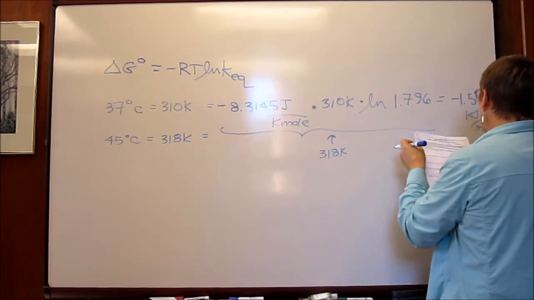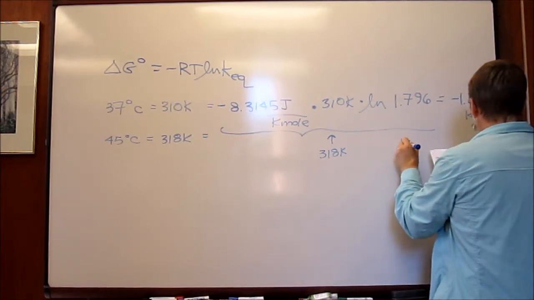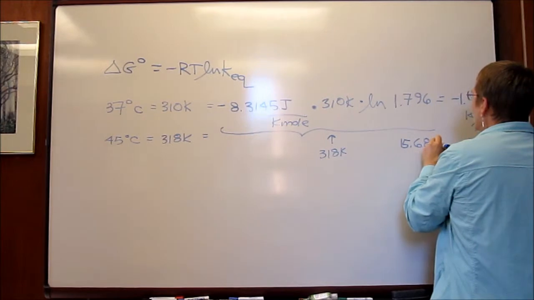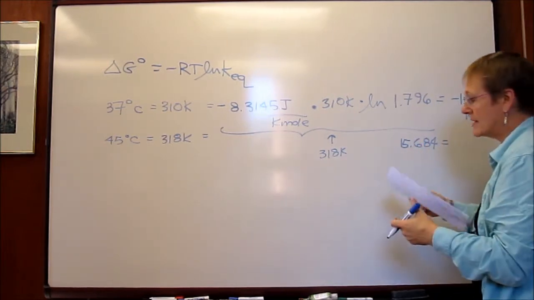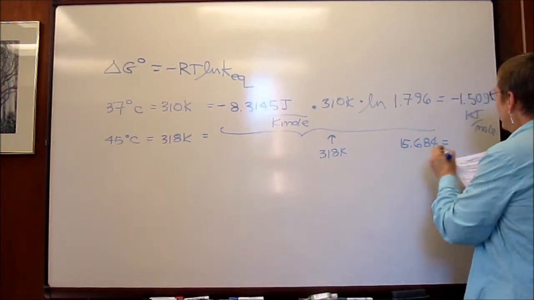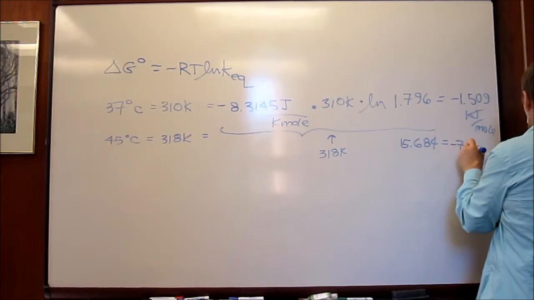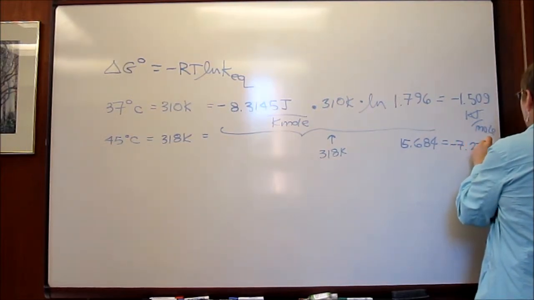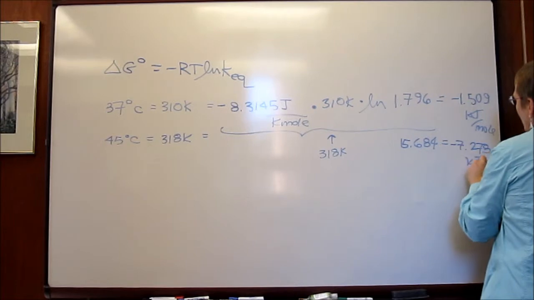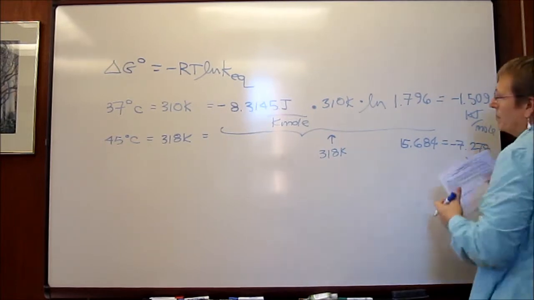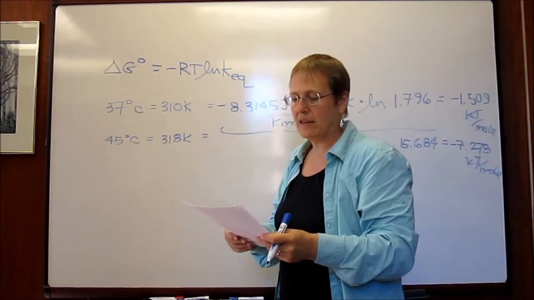In this case, the KEQ was 15.684, and that will give us a delta G naught of negative 7.278 kilojoules per mole. This is pretty straightforward. Plug and chug, plug it into the equation, and get the right answer.